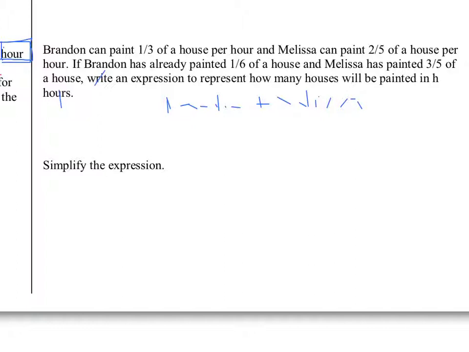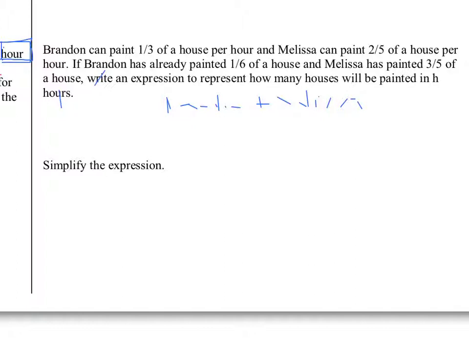So we're going to start with Brandon. Brandon has already painted some amount of houses. What has he already painted? What can we already add to their total of houses painted? John, what can we already add to the total of their houses painted? 1/3. Yeah, 1/3 of the house is painted. That's not what it says. It says that he can paint 1/3 of a house per hour.